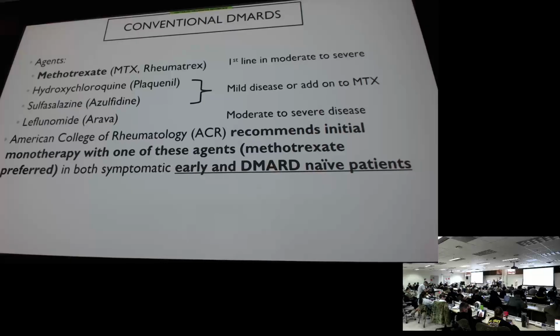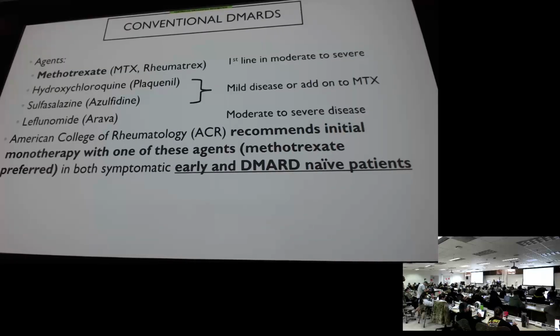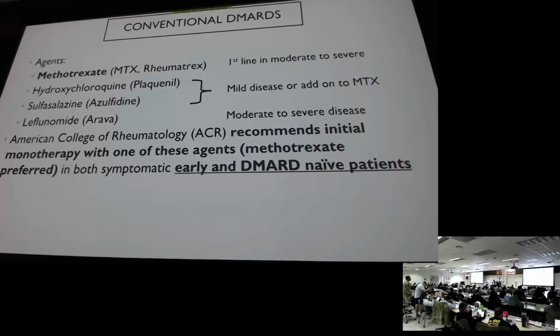Although that ACR guideline showed you it's an option, more preferable is probably to move to a newer agent, to move into a biological, or lastly, if the biological is not working, move down to those targeted synthetics, the Janus kinase inhibitors. So ACR, as I mentioned, recommends the initial monotherapy. One of these agents, methotrexate, is preferred in symptomatic, early, and any DMARD naive patients, meaning they haven't had a DMARD or never been on one.